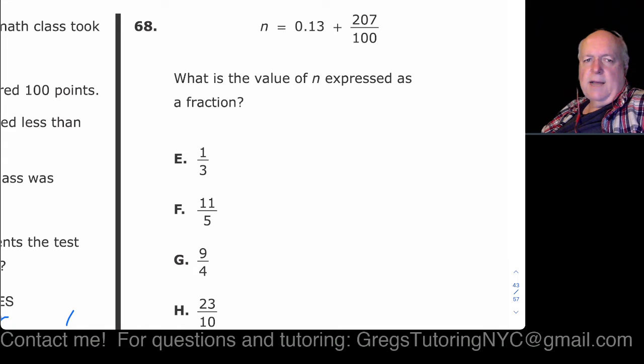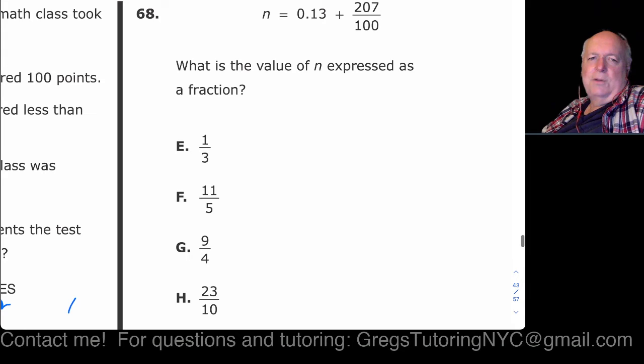So the gotcha is to convert that decimal into the fraction and then add it to the other fraction. This is the same as 13 over 100. If we add that to 207 over 100, we get 220 over 100.